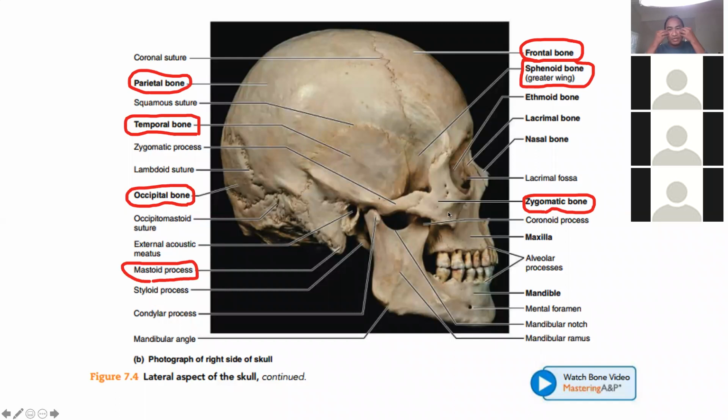So zygomatic bone is our cheekbone. Mandible, angle of the mandible. This is the upper lip. If we remove the upper lip, this is what we are going to see, maxilla, and the nasal bone here.